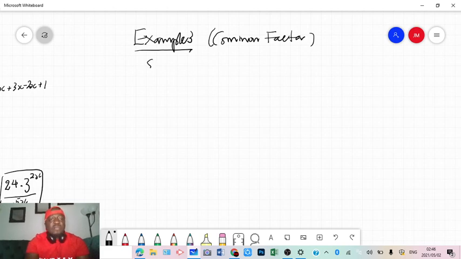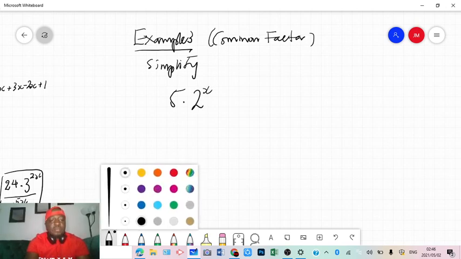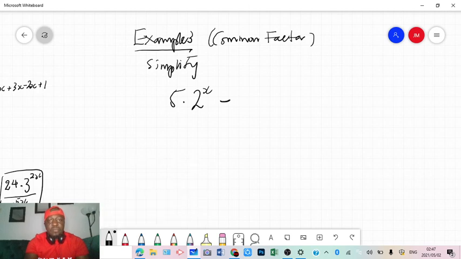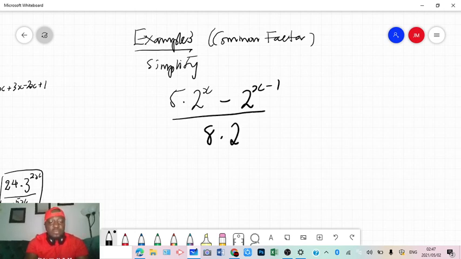The question says simplify 5 to the power x minus 2 to the power x minus 1, all divided by 8 times 2 to the power x plus 1.